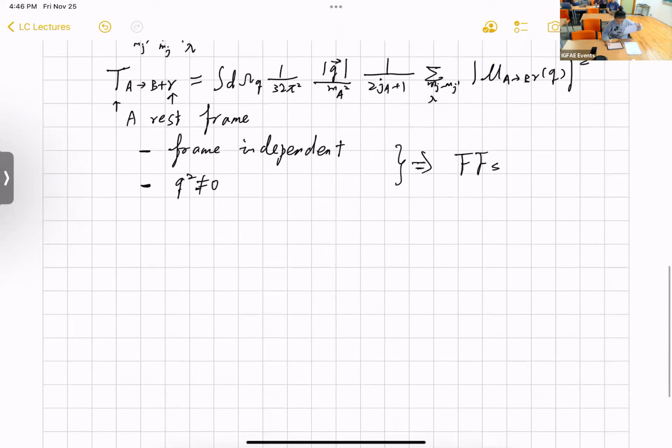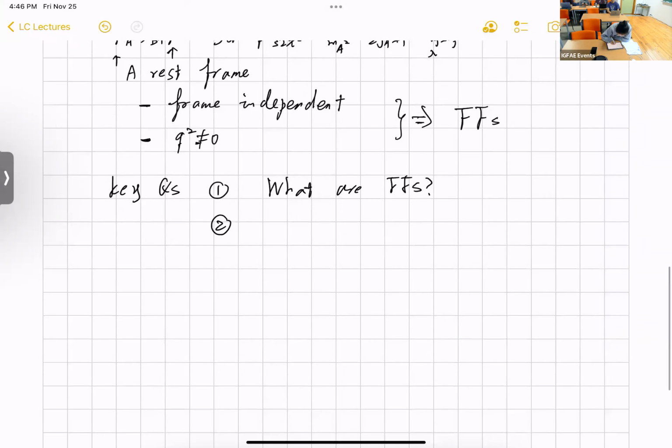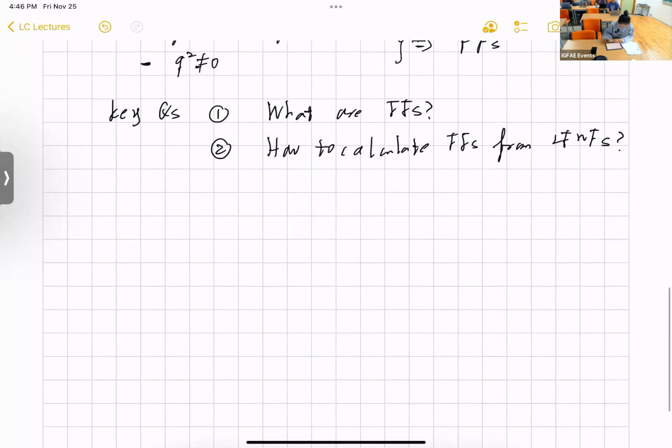So in the next part, we will try to address two key questions. The first one is, what are form factors? And secondly, how to calculate form factors from light-front wave functions? Okay, let us address them one by one.